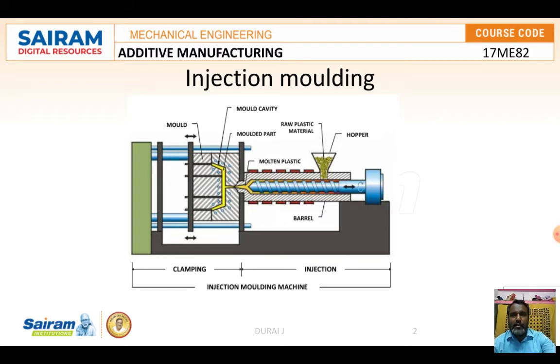Molten thermoplastic material is used here, and it is injected under pressure into a relatively cold mold, where it solidifies into the shape of the mold.